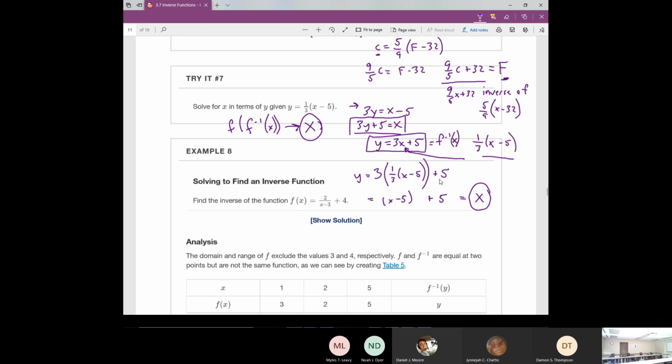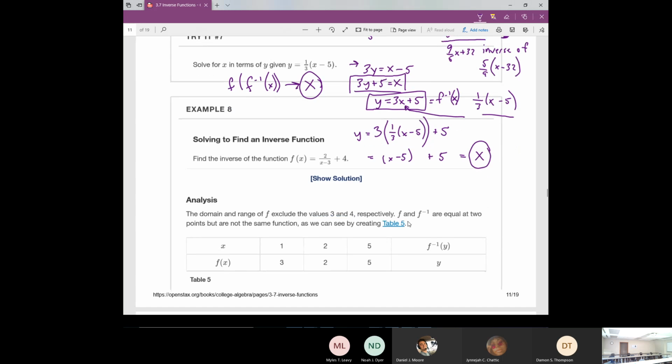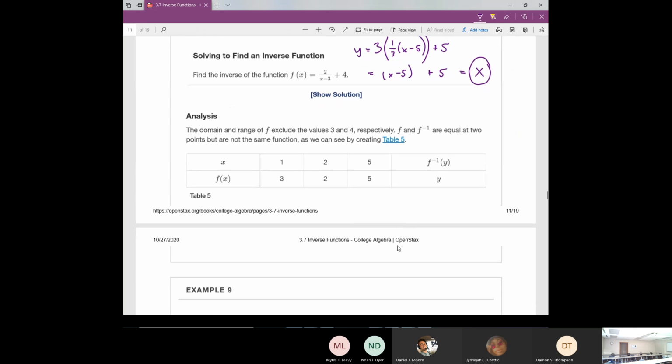We can do this with tables as well. Let's do this with tables. If I have a function, given some value of x, I can feed it to f of x and get a value. So f of x, given 1 as its input, I get a 3 out. I get a 2 as its input, I get a 2 out.